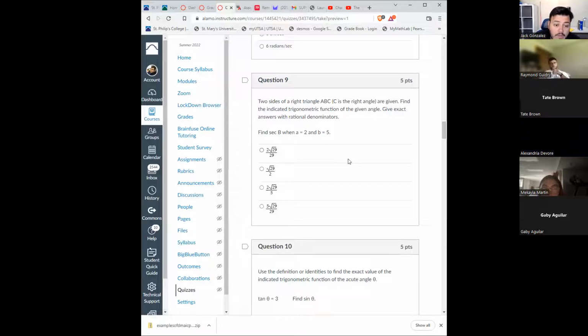It says the right angle is C. So I'm going to put B on the lower left and A up top. So little a will be opposite to big A. Little b will be opposite to big B. There we go. Let me switch back.